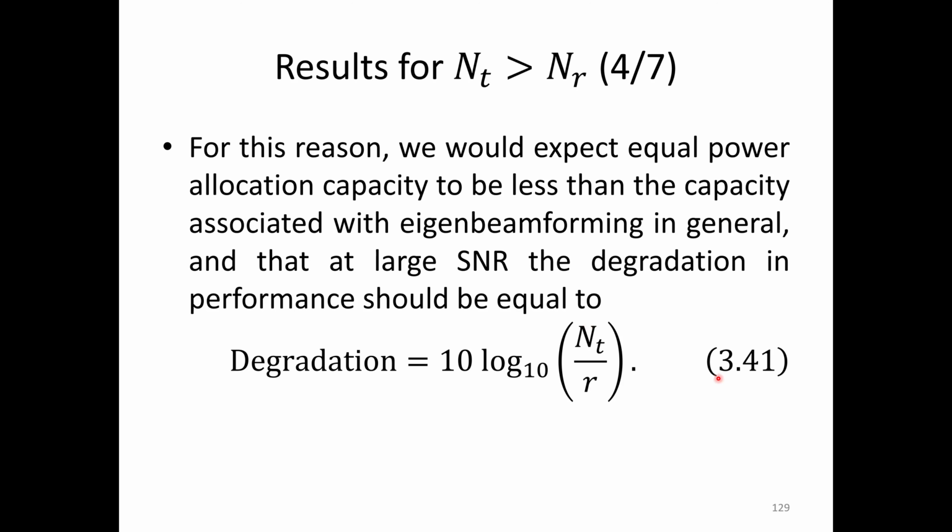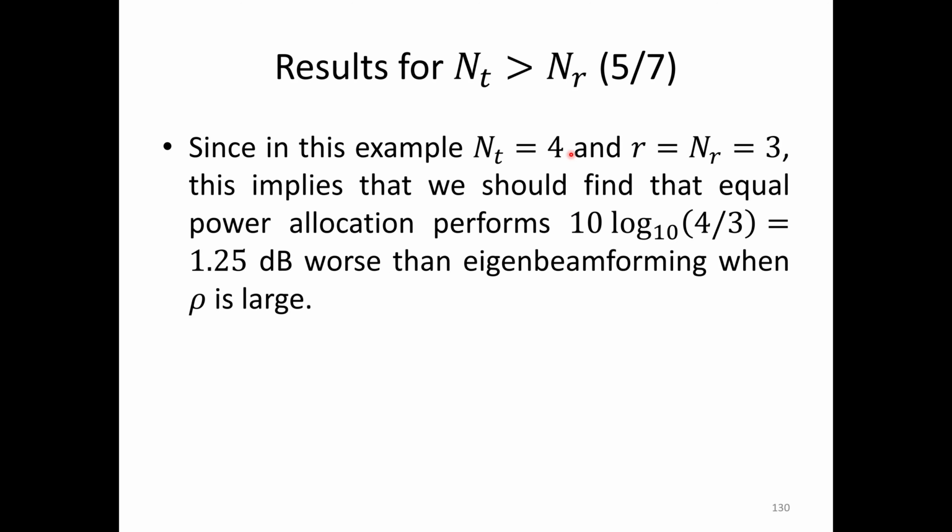Because according to equation 3.41, degradation is equal to 10 times log 10 of NT over R. So NT is equal to 4 and R is equal to 3. So here we place 4 over 3 and it is equal to 1.25 dB.